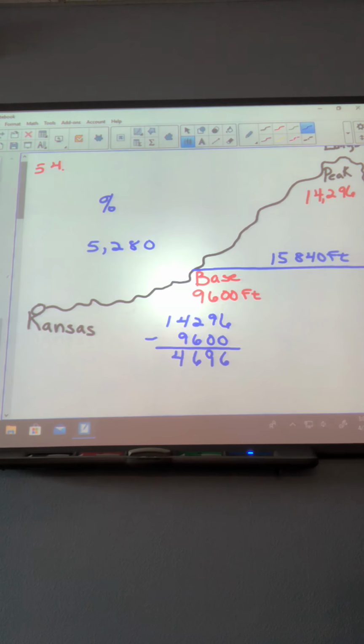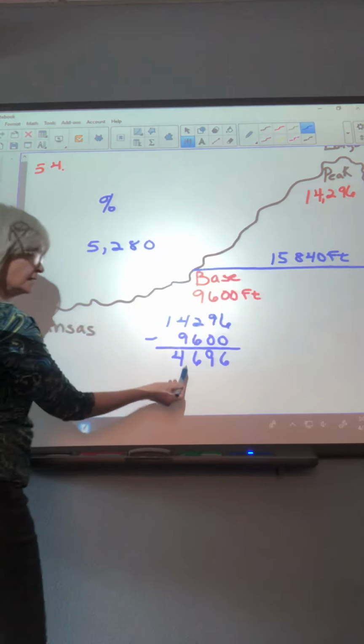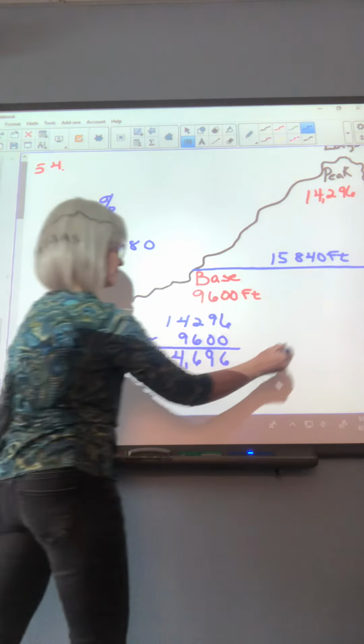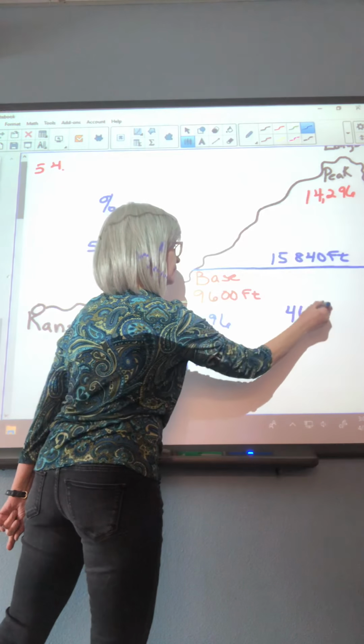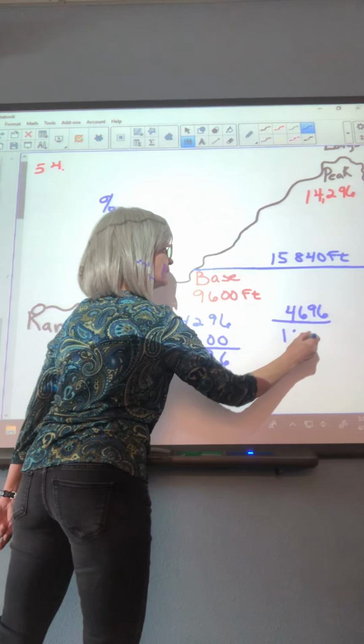So our amount that we're actually climbing from here to here is 4,696 feet. So that's going to be our rise. Then the run is going to be that horizontal distance.